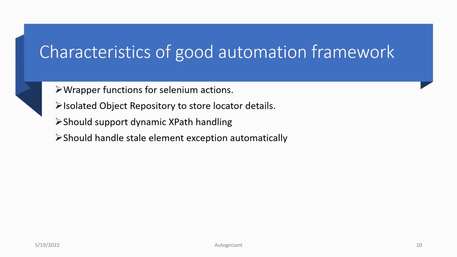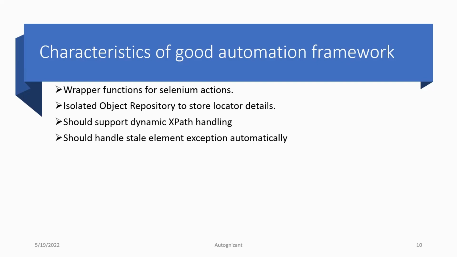Along with this, it should handle stale element exception automatically. Many times I have observed that when we perform some action on a web element, it refreshes a certain section of a web page, and the DOM, document object model, gets reloaded automatically.